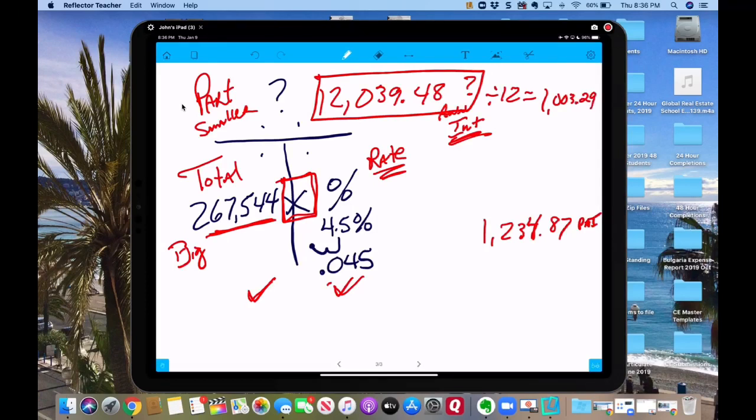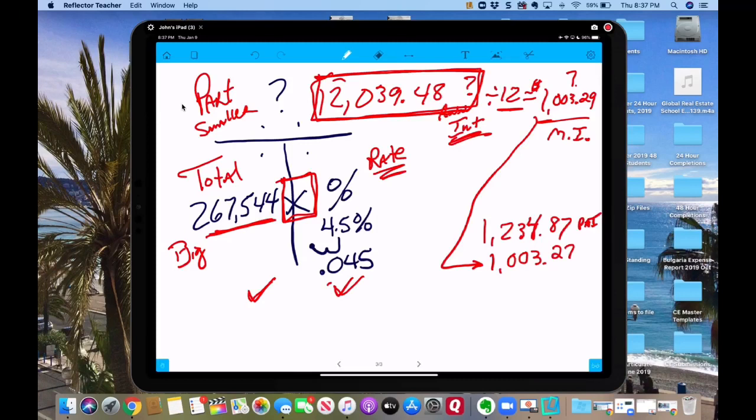Now, what is this? Well, if this is annual interest and we divide it by 12, this is monthly interest. And so we would bring this number down here and we would subtract it.